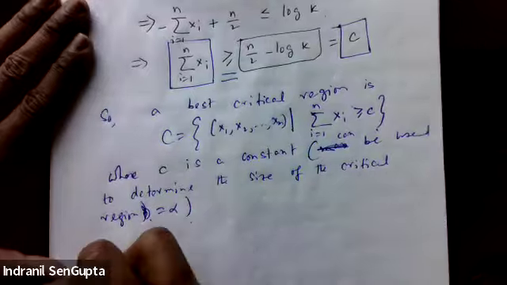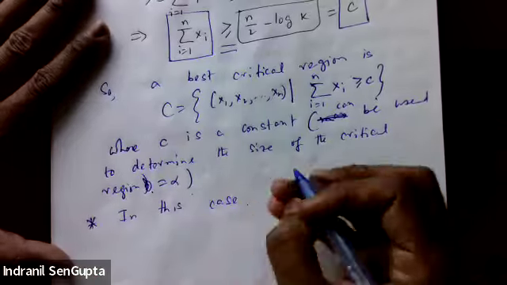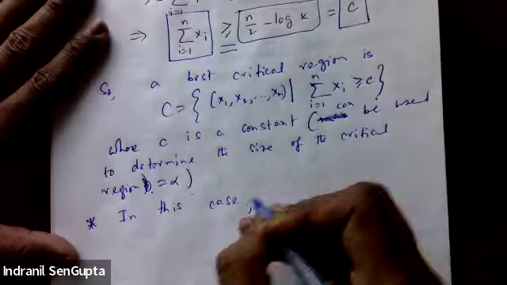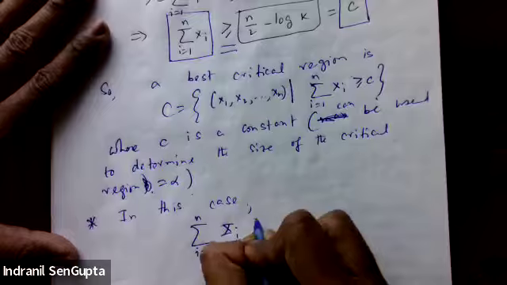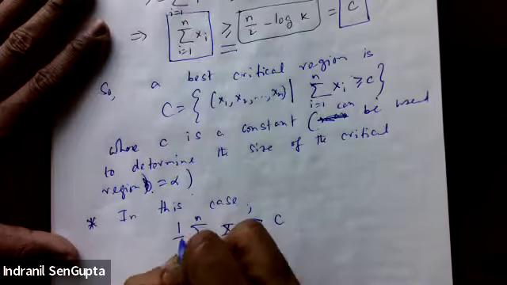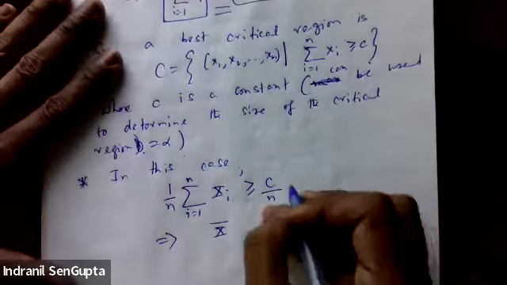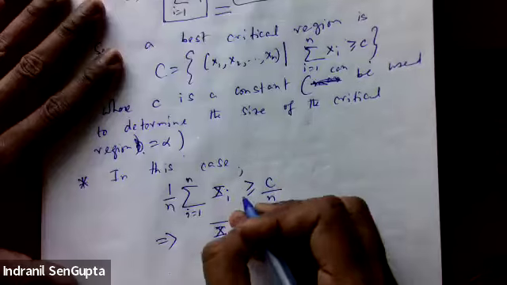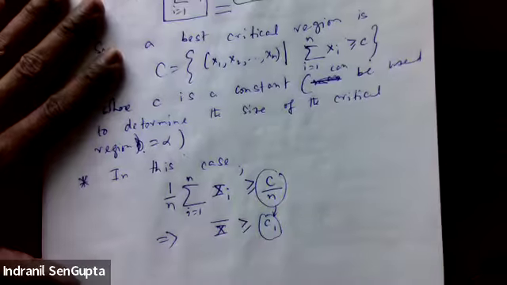Okay. So now before going further, let's see. In this case, if I consider the random variables xi, this quantity is given by the sum of xi bigger than c, right? If I divide by 1 over n, then what I have is x bar bigger than or equal to some C1. Let's call this C1.